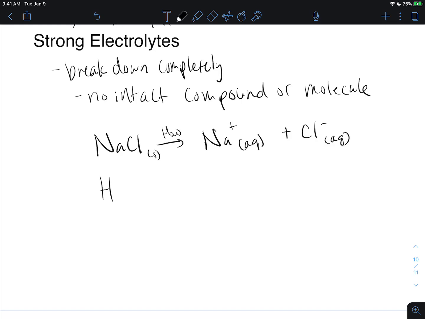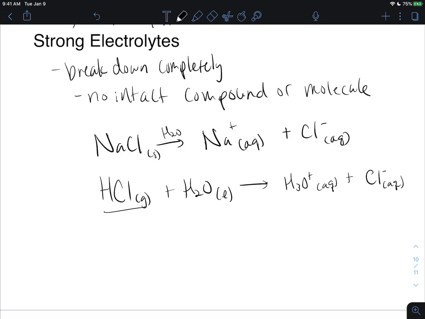When we take something like a strong acid, such as hydrochloric acid, and we add water, we are going to completely dissociate to produce our hydronium ion and our chloride ion. So this will completely dissociate. We won't have any intact molecule left over. Okay, so this will be completely gone. So 1 mole of each of these substances will completely break down into 1 mole of the ions themselves.